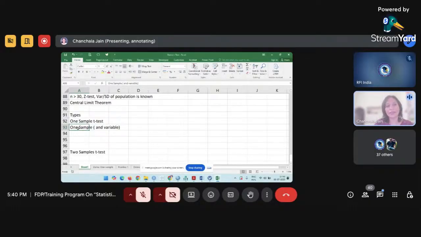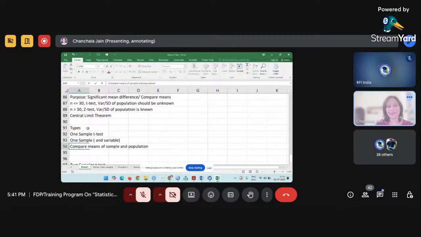You need to compare the means of sample and population, right? So in a one sample t-test, the purpose is comparing the sample mean with the population mean.